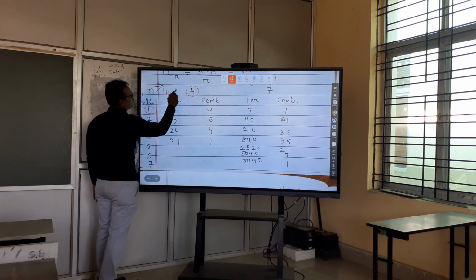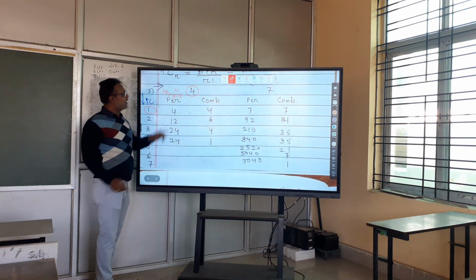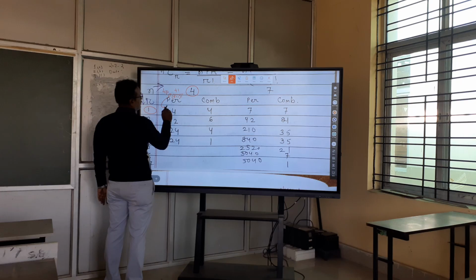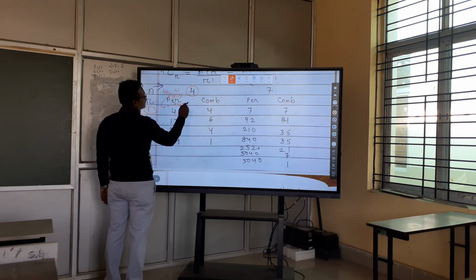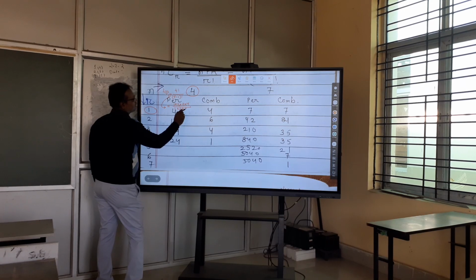What is the formula? 4 factorial divided by 4 minus 1, which is 3 factorial. So 4 factorial equals 1 into 2 into 3 into 4, divided by 3 factorial, 1 into 2 into 3. So it is 4.